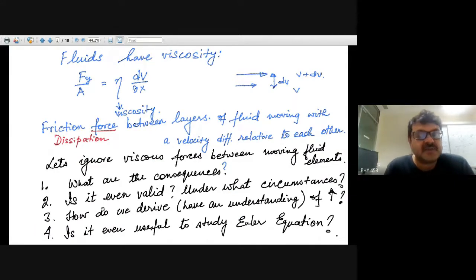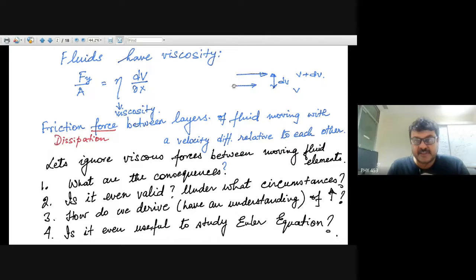Where do we start? We start with first reminding you that fluids do have indeed viscosity, and if you have two layers of fluid moving with respect to each other, which means that this layer has velocity v plus dv, suppose, and this layer has a velocity v, such that there is a velocity gradient dv, right?